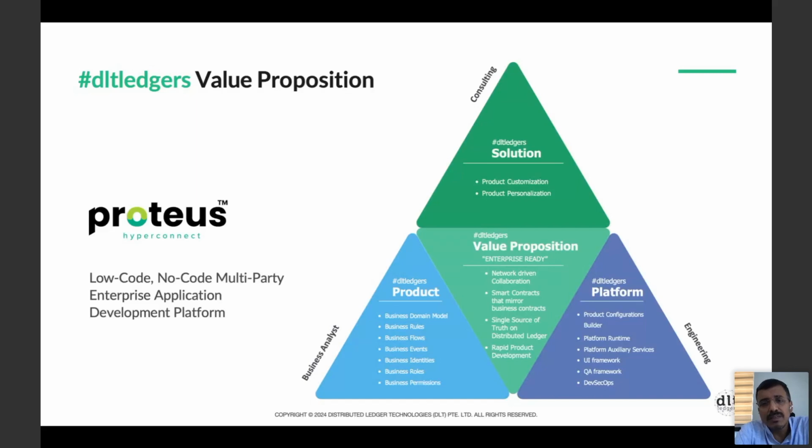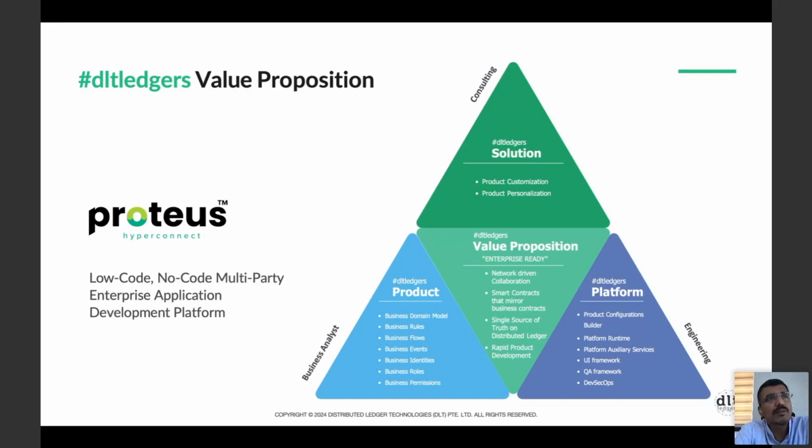The platform, what we call Proteus, in totality has multiple sub platforms or sub components, where one component would help configure your products. There is a runtime, I already mentioned the operating system concept. And then there are a lot of auxiliary services that support Proteus in terms of deploying applications.